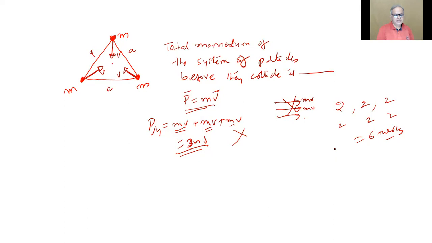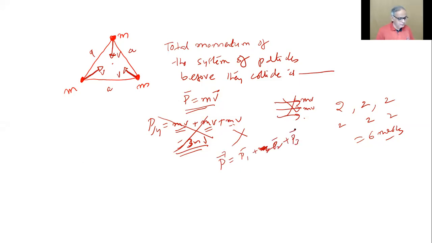Momenta are vectors. So when you add momentum, you need to consider the directions also. Do you follow? So you cannot add mv plus mv like this. So that is not correct. Of course, you could write the mathematics like this: P bar equals P1 bar plus P2 bar plus P3 bar, but it is still not adding.